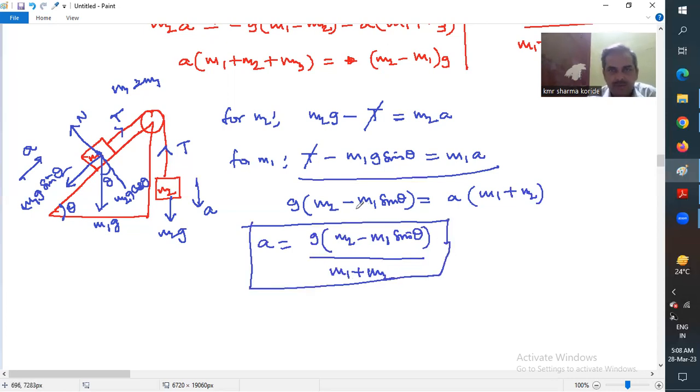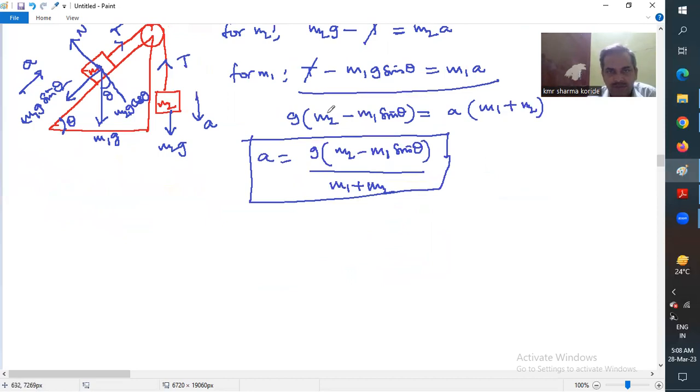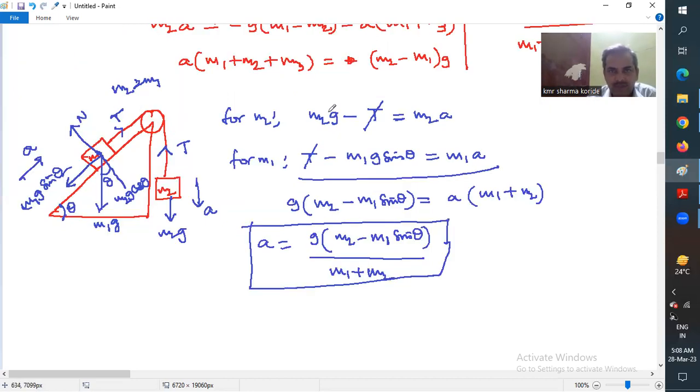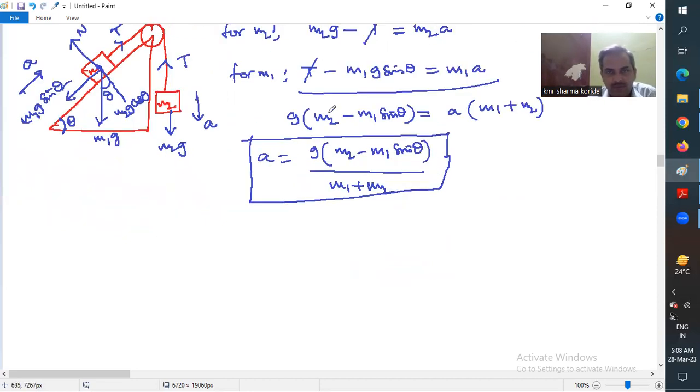Now if you substitute this equation in any one of the equations, you'll get the tension equation. So let us check. Therefore, you call this equation 3. Any one of the equations, look at this. You take this as equation 2. So let us substitute 3 into it for tension.